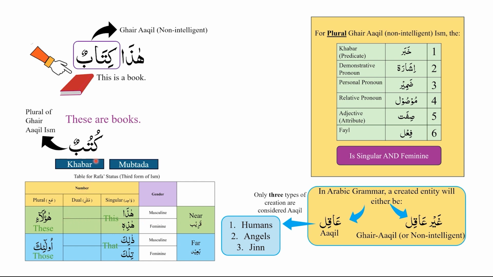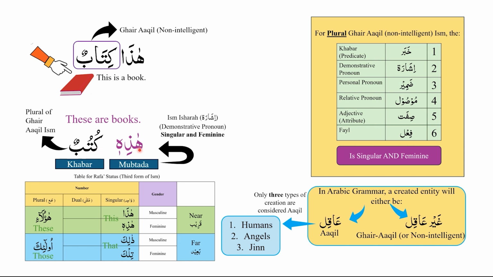Since kutubun is the plural of a ghair aqil ism, we know that for the plural of a ghair aqil ism, the demonstrative pronoun or ism ishara will be singular and feminine. So we will return to our table and we will identify an ism ishara in the near category that is singular and feminine, and our mubtada will be hazihi. The jumla ismiya will be hazihi kutubun.